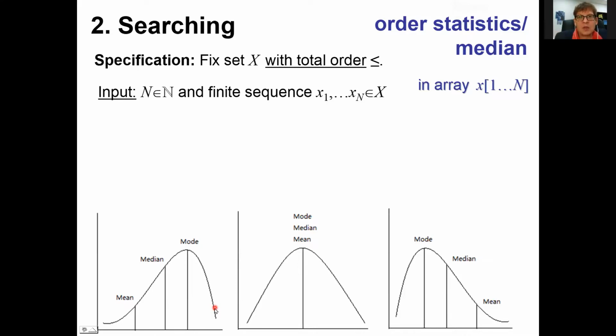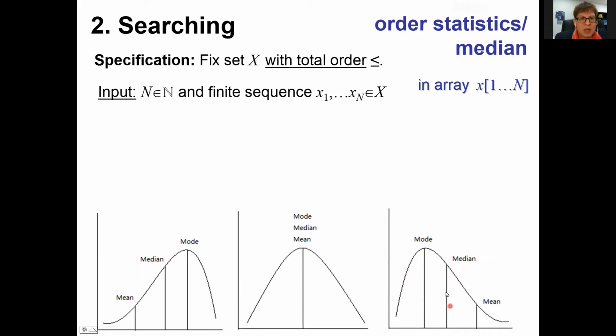But of course, we're treating here the case that the data is not sorted. Later we're going to treat that case. So that's the median. And in this case, this is a skewed distribution. In the case of this skewed distribution, the median is actually less than the mean.